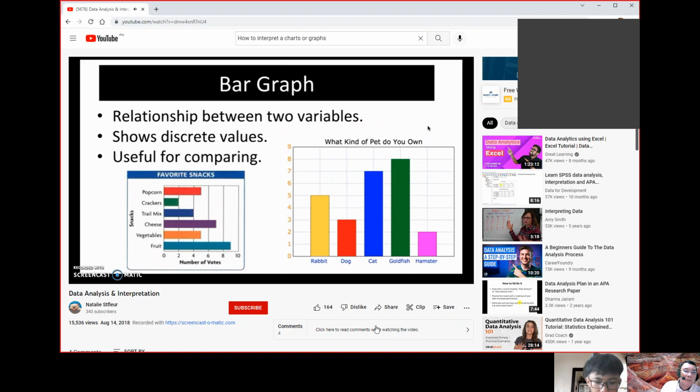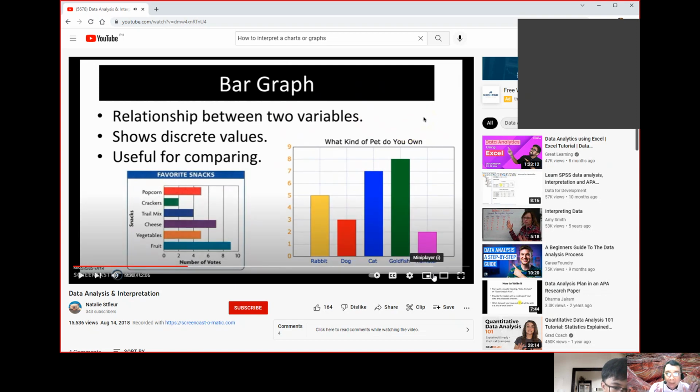Bar graphs like pie charts are very useful for comparing. For example, if you wanted to know which do people own more, cats or dogs, you can utilize this bar graph to determine that. Right, so more people own cats than dogs, and we know that because the bar here for cats is higher than that for dogs. We can also utilize the values. 7 people own cats and only 3 people own dogs.